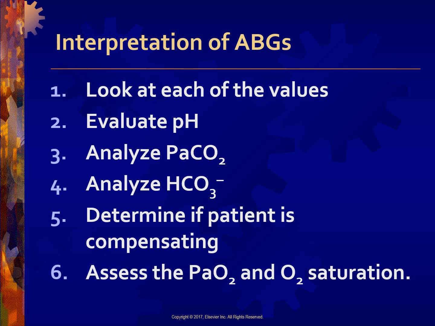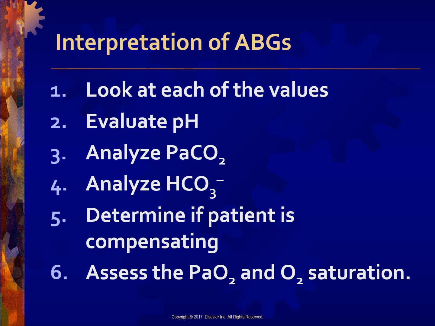You have to determine if the pH is acidotic or alkalotic. So by looking at the pH, you're going to see whether it is alkalotic or acidotic. If you have a pH less than 7.35, you're acidotic. If you have a pH greater than 7.45, you're alkalotic.